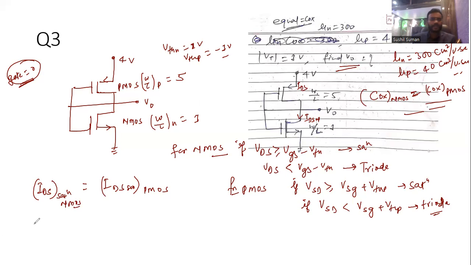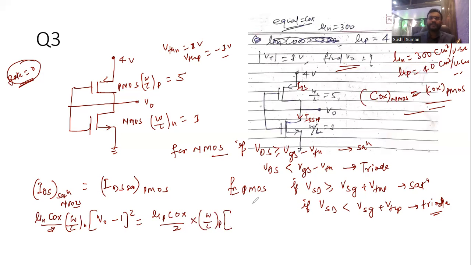So what are the equations? This is μn Cox by 2 W by L n times (VGS, that is V naught, minus 1) whole square, plus μp Cox by 2 W by L p times (VSG, that is 4 minus V naught, minus 1) whole square.